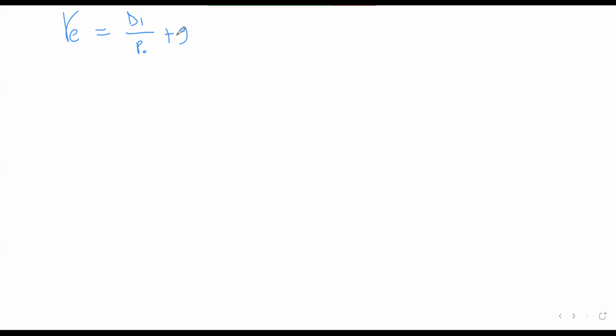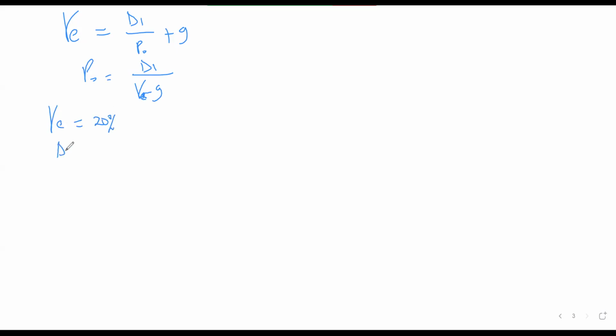So the question wants us to calculate price, P naught. And if you make price the subject, price should be equal to D1 over RE minus G. In the question, we know RE, which is the market capitalization rate, to be 20%.